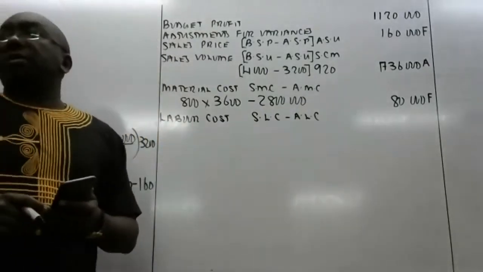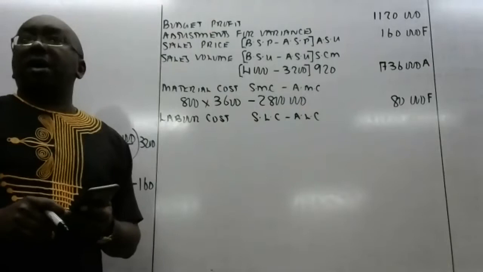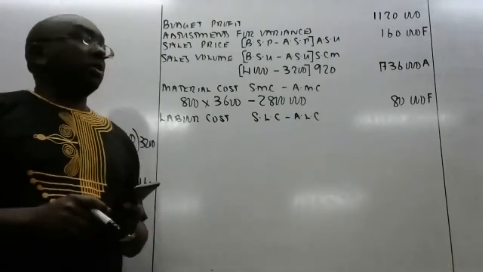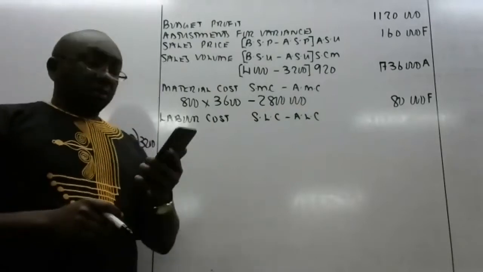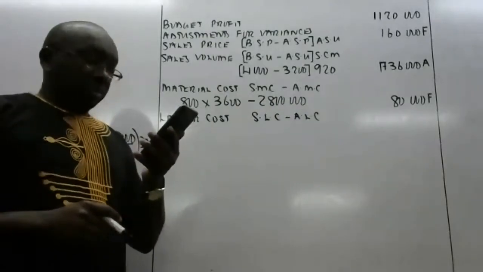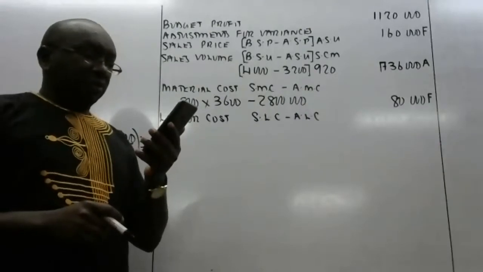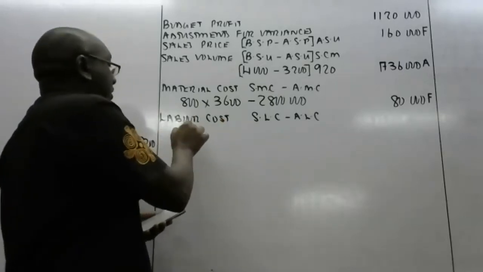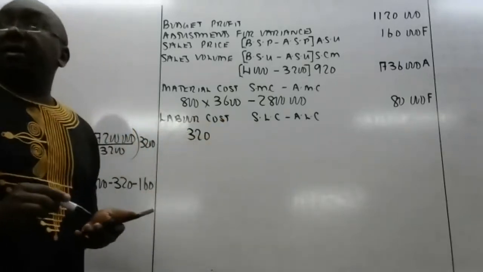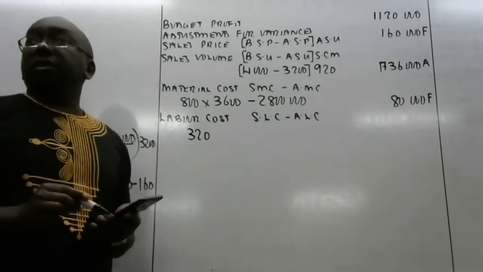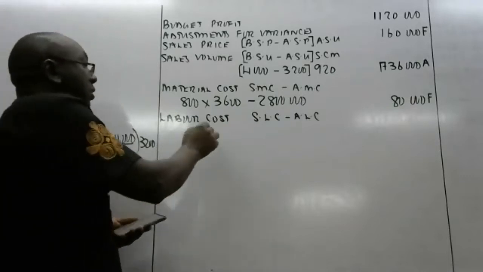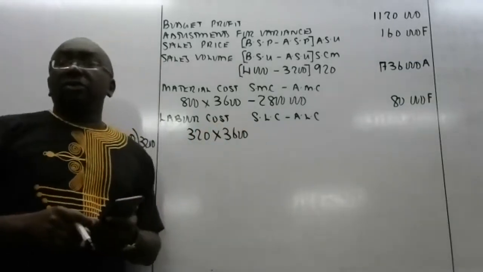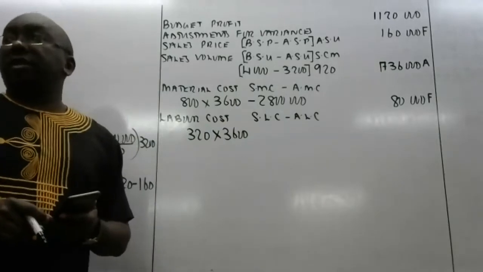So what you do, going up to the standard card, you get that one unit was supposed to cost 320 for labor. You multiply by the actual units produced, 3,600.